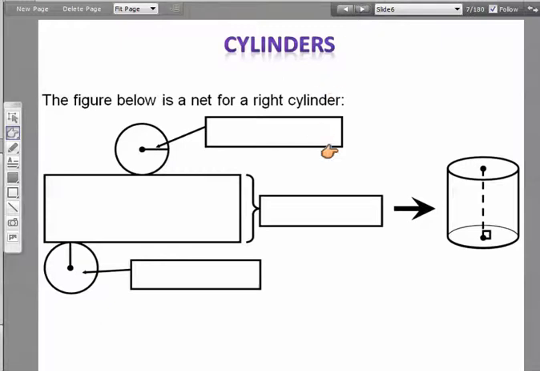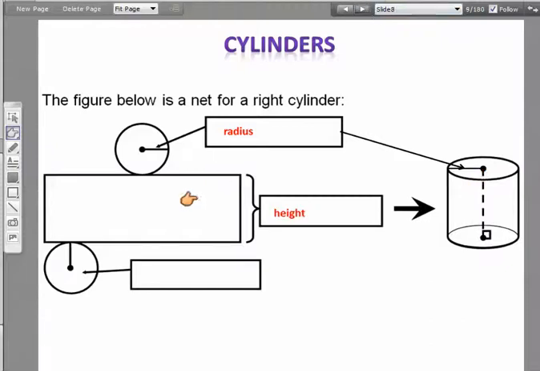This right here is the net of the cylinder. We're just going to be identifying the parts of the net. Here's what it looks like when it's all folded up. Right here is your radius. I've pointed to it here in the net and pointed to it here in the actual cylinder.